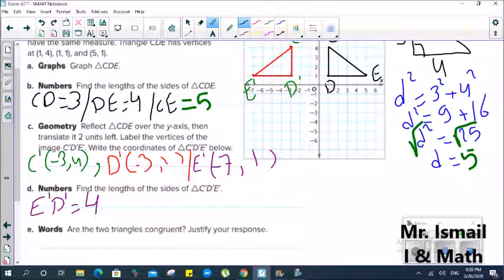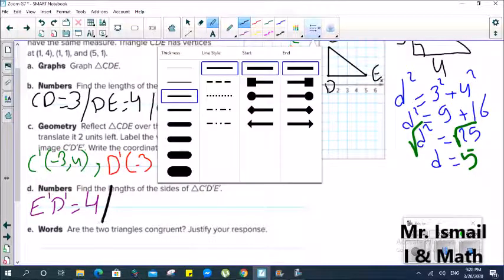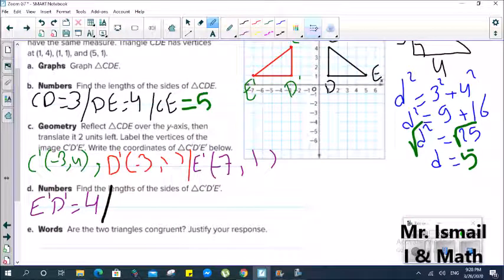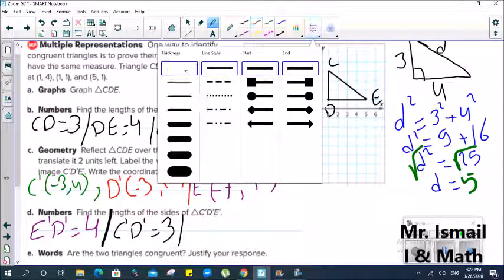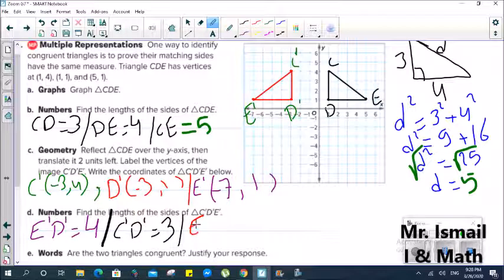Next, C prime, D prime. Count how many squares. Here C prime. 1, 2, 3. That means 3. The last one, E prime, C prime.